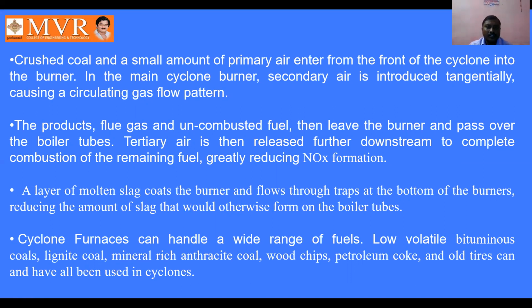Some gases are formed here, introduced tangentially, causing a circulating gas flow pattern. The products, the fuel gas and uncombusted fuel, then leave the burner and pass over the boiler tubes.